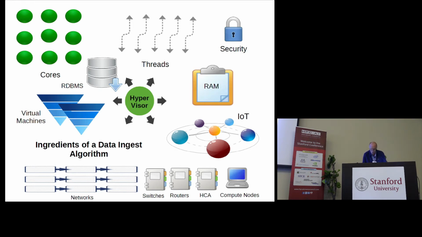So we have the idea of we're going to need, of course, RAM, because we're going to need to create buffers to keep this data in temporarily. We might have, well, the switches, the routers, the compute nodes, the networks are all there. We're kind of calling this a virtual machine, but what we're really trying to say is this is like a hypervisor.